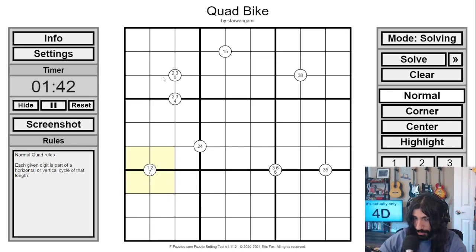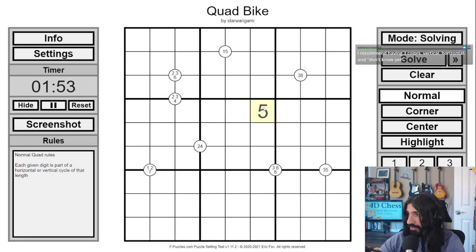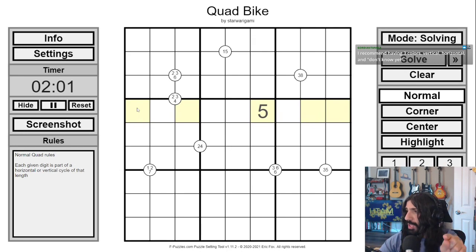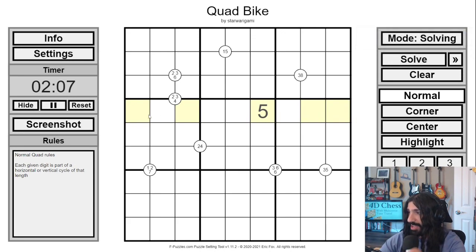So the way that cycles work is if you have a horizontal cycle, let's say a horizontal cycle of length 5, that means that there are 5 digits where if you follow the cells to which the numbers in the cycle point, then you get a loop.